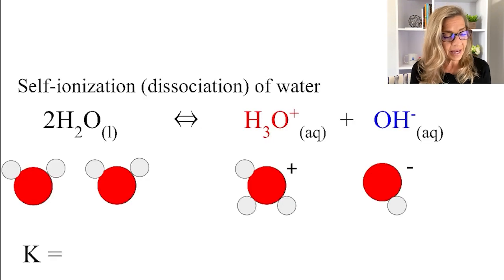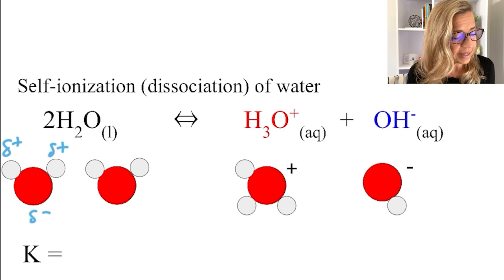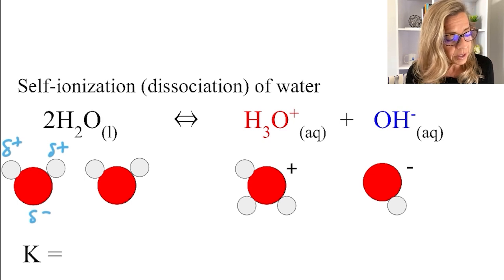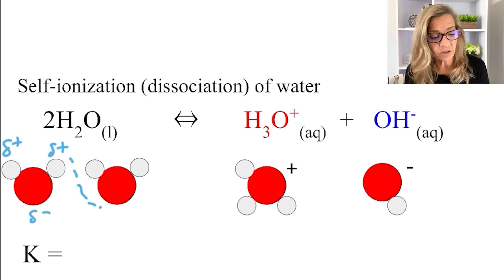So let's take a look at water. And what happens to water is what we call self-ionization. So water liquid, that molecule, sometimes will bump into another water molecule. Remember, this is the slightly negative end, this is the slightly positive end. And so this one would attract the negative end of another water molecule, and actually one of those H pluses would come off.